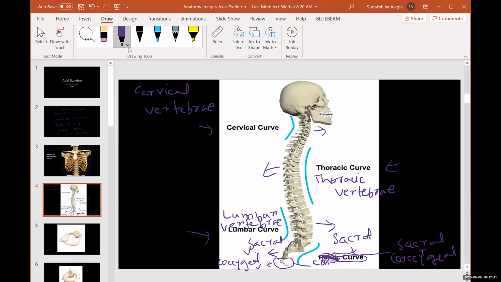Cervical vertebrae, thoracic vertebrae. Excuse me.